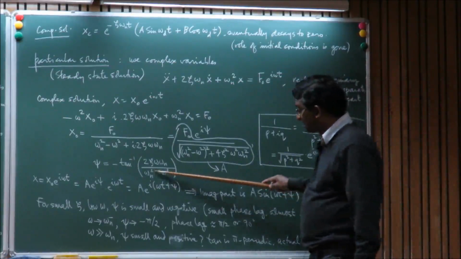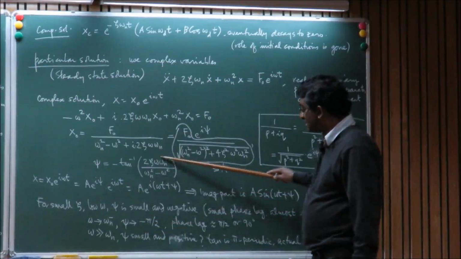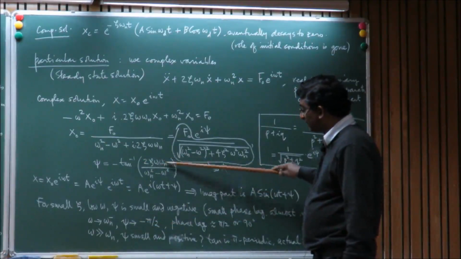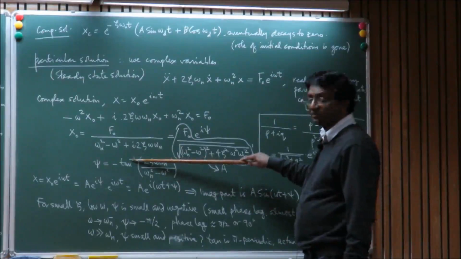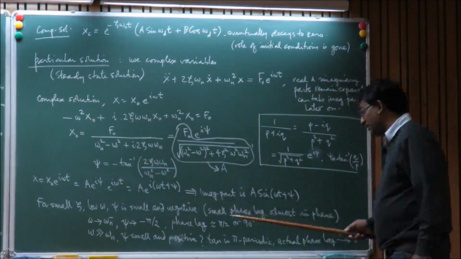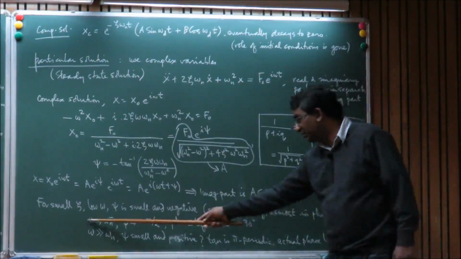When omega approaches omega n from below, the numerator is no longer small. It is now to be treated as some finite number. This quantity goes to plus infinity. The tan inverse of that is pi by 2 with a negative. And so the phase lag approaches pi by 2, or 90 degrees, when omega approaches the resonant frequency.